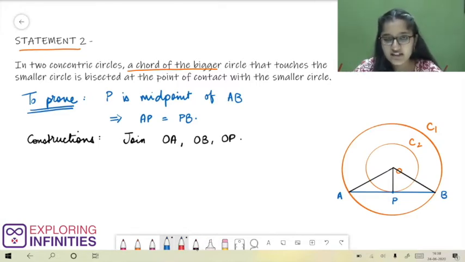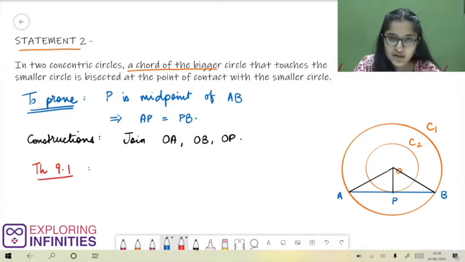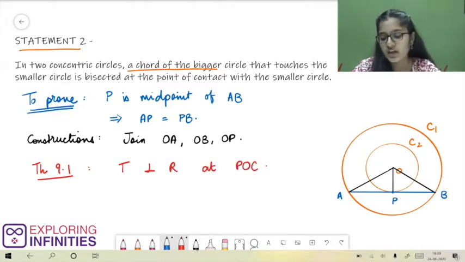Let us now recollect Theorem 9.1. According to Theorem 9.1, the tangent at any point of a circle is perpendicular to the radius passing through its point of contact. So tangent is perpendicular to radius at point of contact. Here, chord AB of circle C1 is touching C2 at a single point.